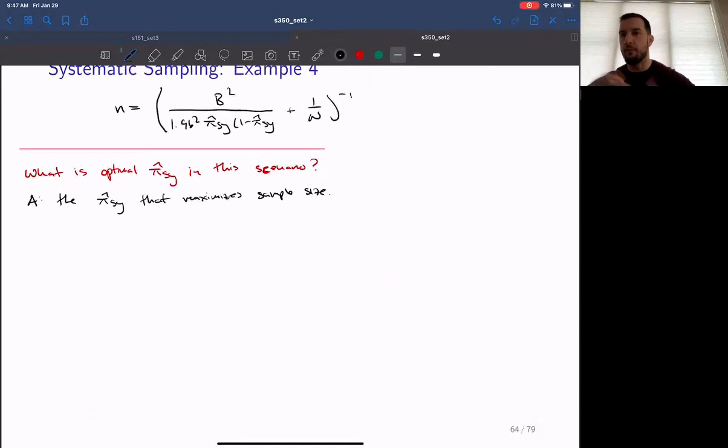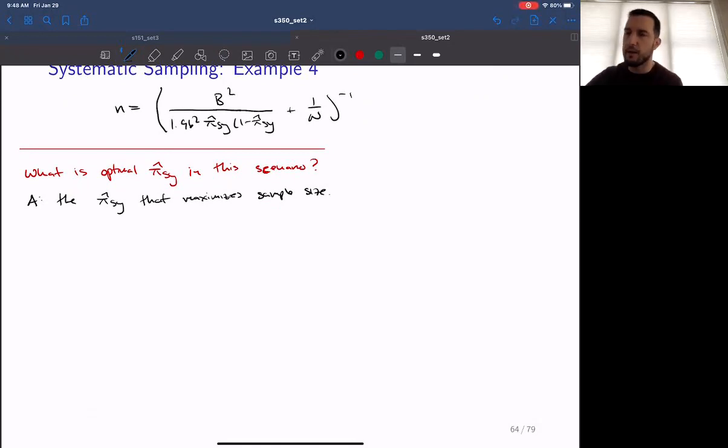Now, from a pencil and paper style approach, it's a fairly cumbersome empirical proof because you have to plug in all the different possible pi hats, get the sample sizes out, and then plot them. This is something you can do very fast though. If you have even Microsoft Excel, you can do this in minutes, or seconds, I should say.